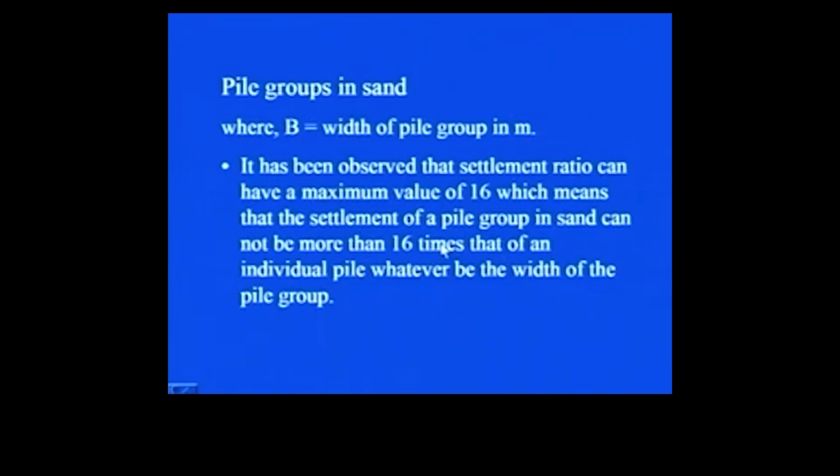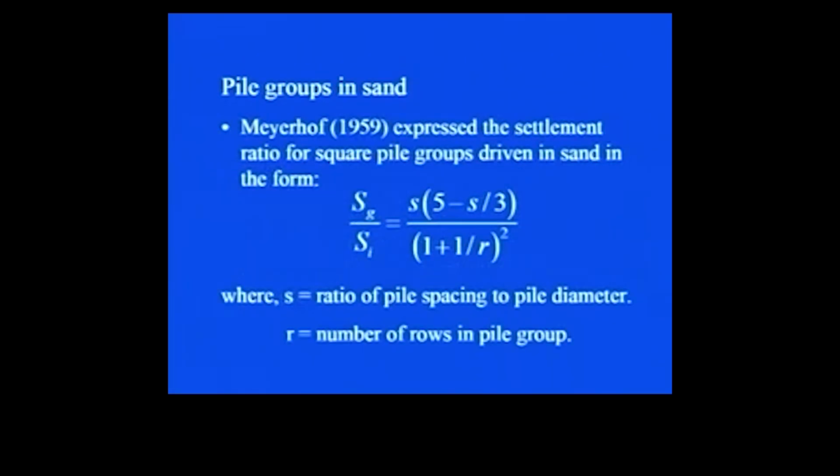Beyond that, that is more than 16 times, it is not dependent on the width of the pile group. So, whatever is the width of the pile group, the maximum settlement of the pile group can be 16 times the settlement of individual pile.